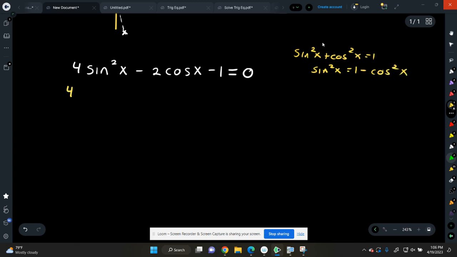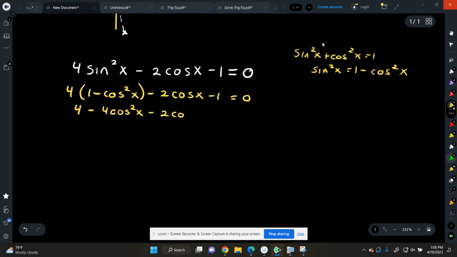So we have 4 times 1 minus cosine squared x minus 2 cosine x minus 1 equals 0. So we're going to distribute the 4. 4 minus 4 cosine squared x minus 2 cosine x minus 1, which gives me negative 4 cosine squared x minus 2 cosine x plus 3 equals 0.